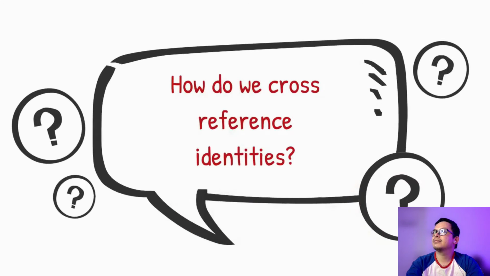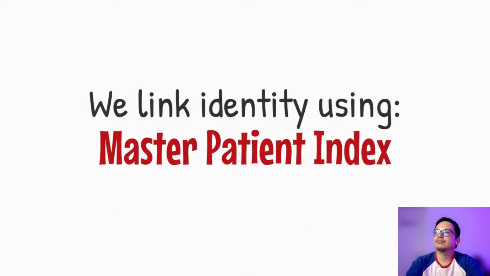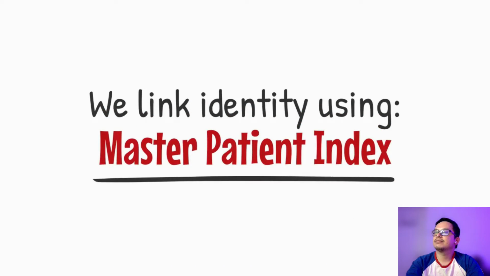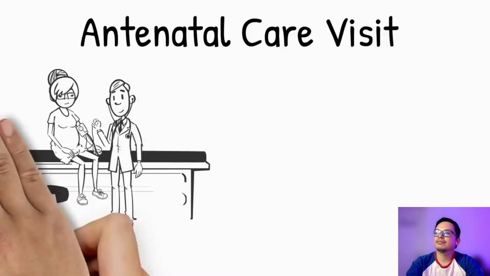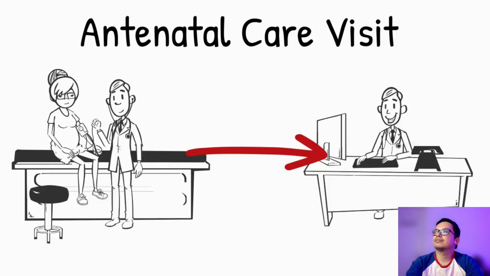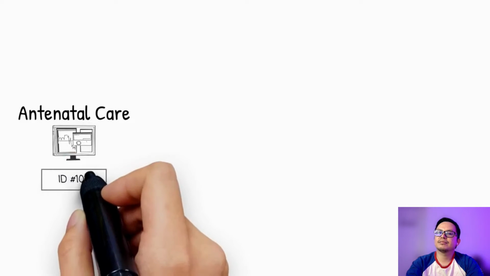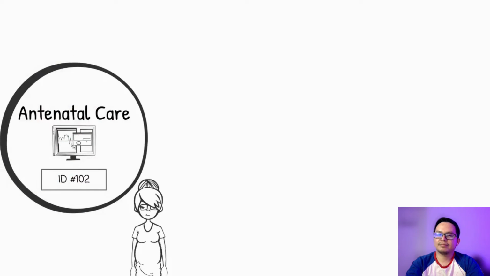But how do we cross-reference these health identifiers with local program identifiers? The answer is a master patient index. So, let's say Sarah shows up for an antenatal care visit. Her physician would use their own software to enter Sarah's information. Inside the antenatal care software, it would still give Sarah a local antenatal care identifier.